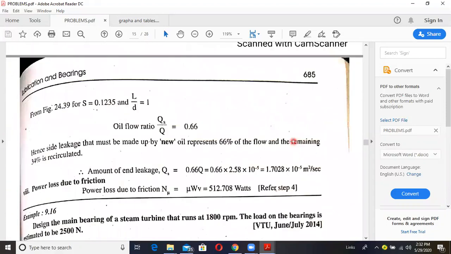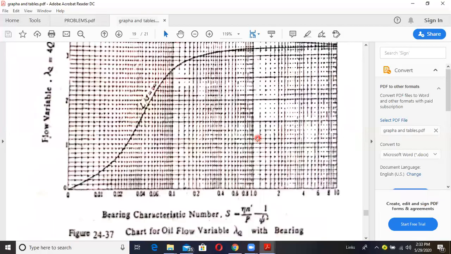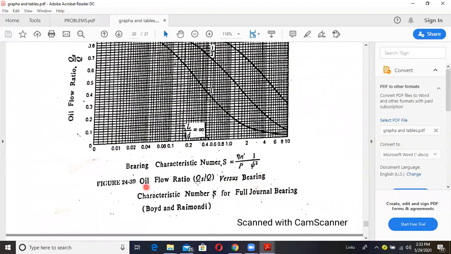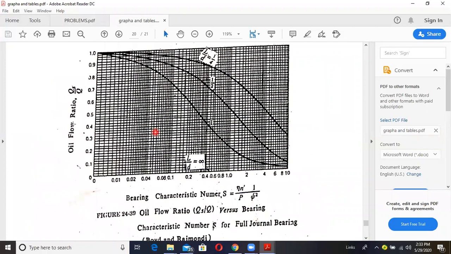The end leakage is represented by QS. To calculate QS, we refer to figure number 24.39, oil flow rate QS by Q versus bearing characteristic. On the y-axis we have QS by Q, the x-axis is S, and the curves are L by D. Again S is equal to 0.125 and the curve is L by D equal to 1. Move until it touches L by D equal to 1, then come towards the left side.